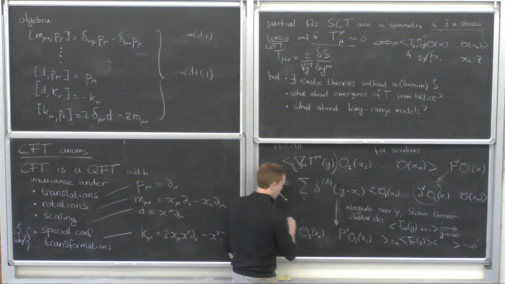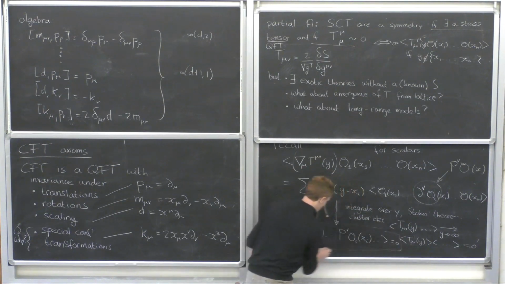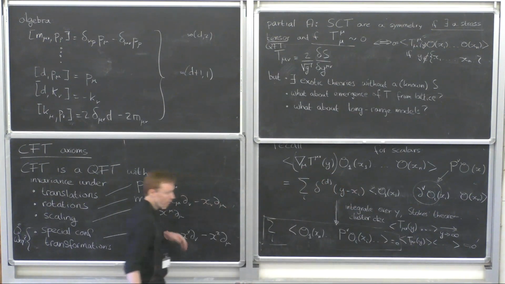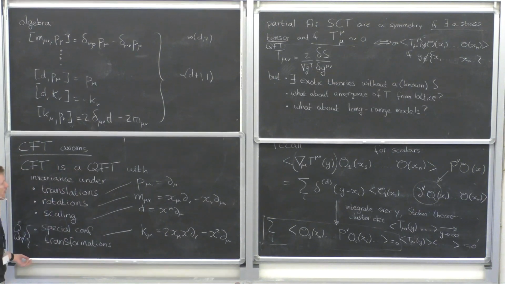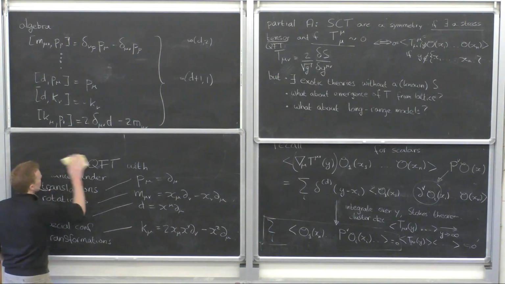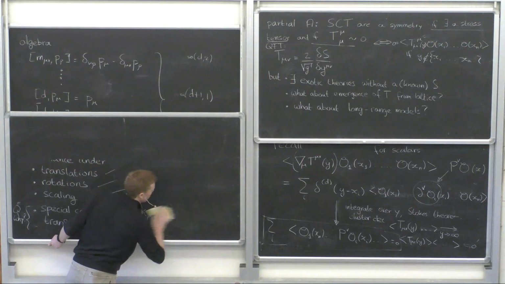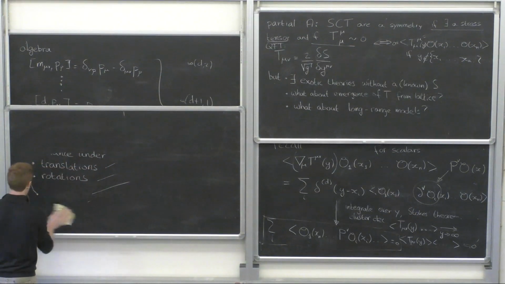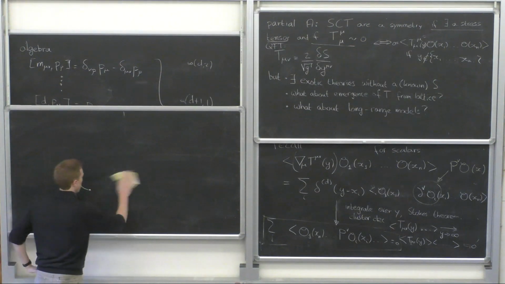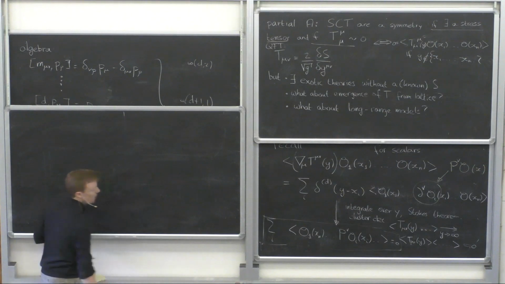And then I have my translation Ward identity. So this is how the stress tensor is supposed to be responsible for the implementation of this translation symmetry.